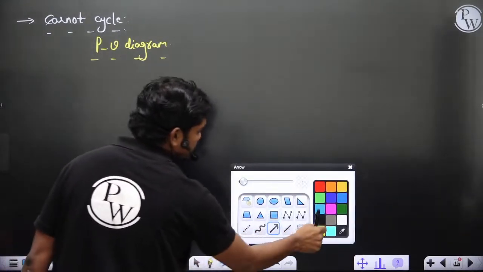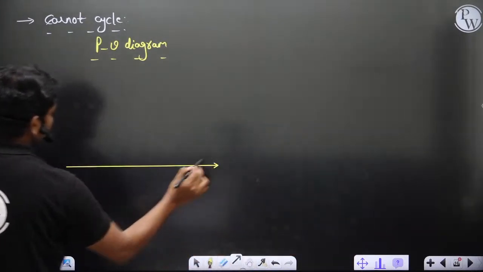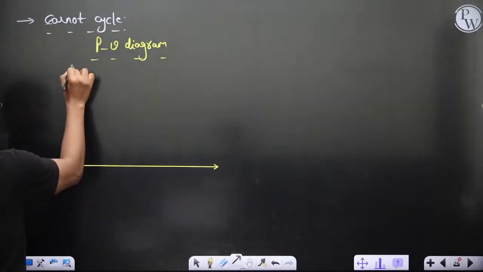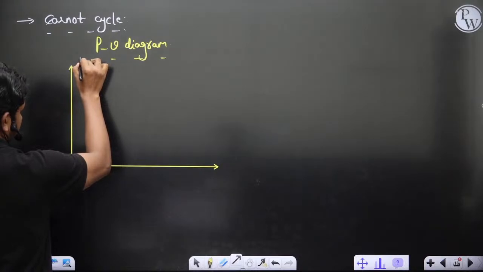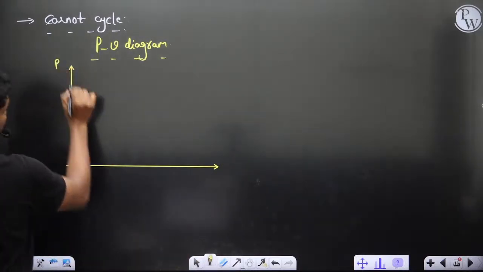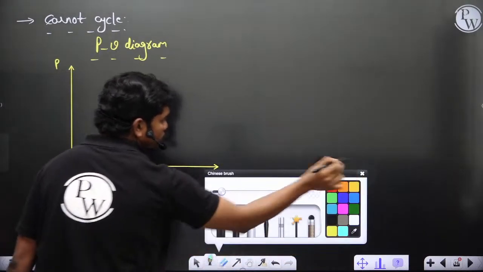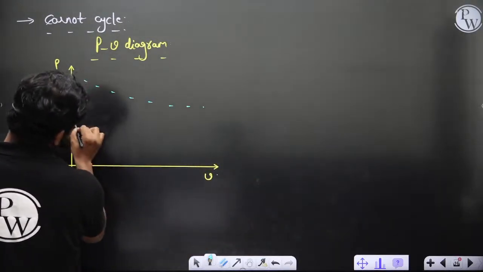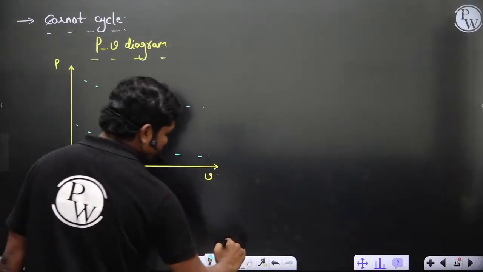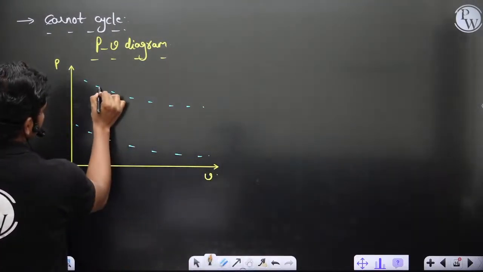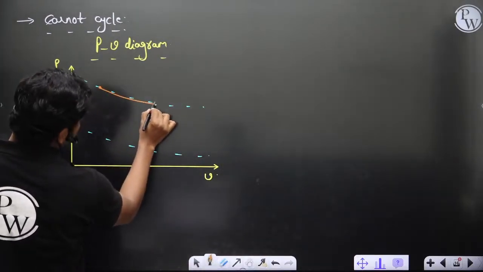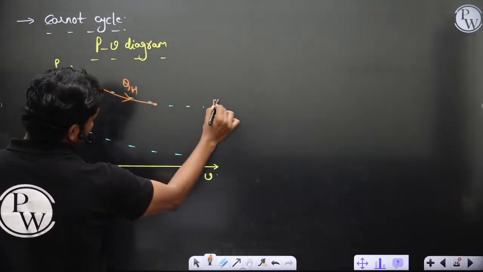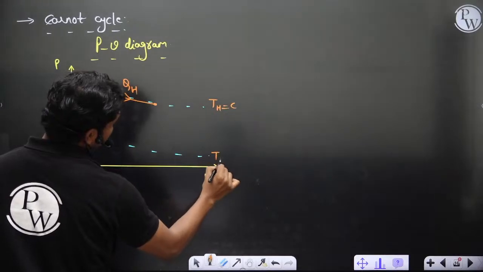we all know that the process runs between two isotherms. On P and V, if you draw two isotherms here, initially you'll have isothermal heat addition, QH, where this is temperature TH equal to constant and this is TL equal to constant.